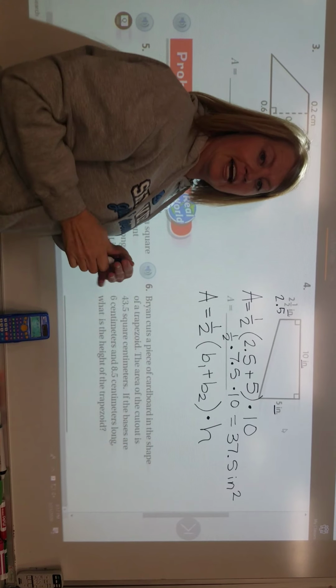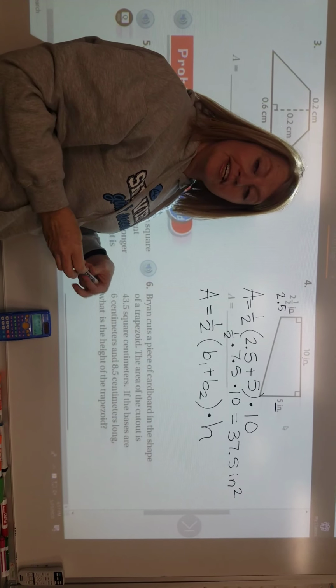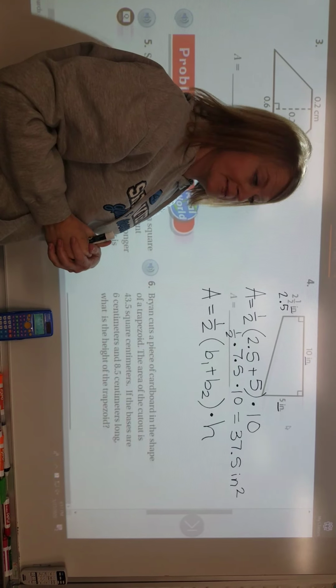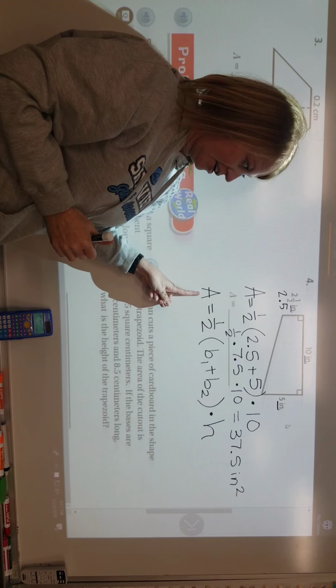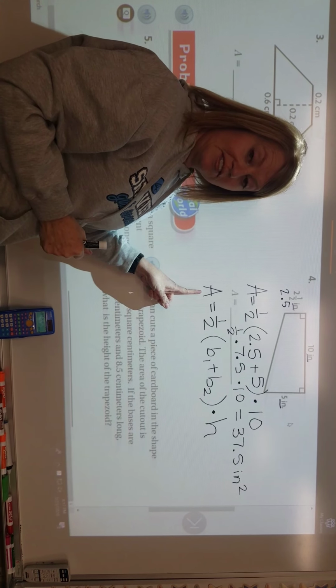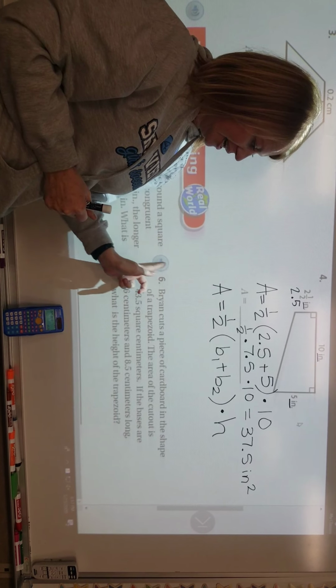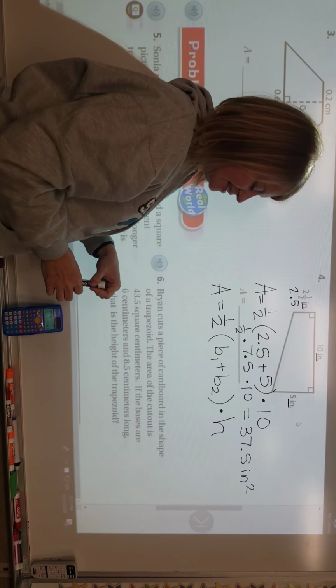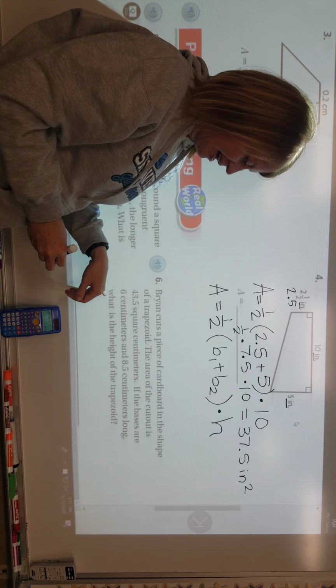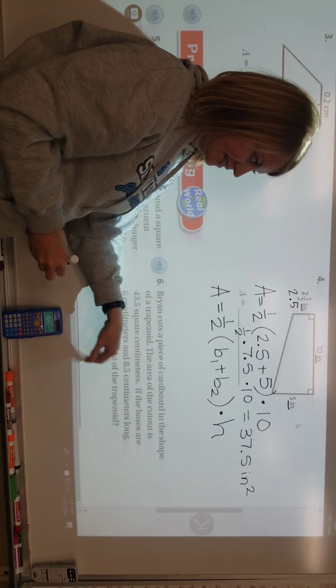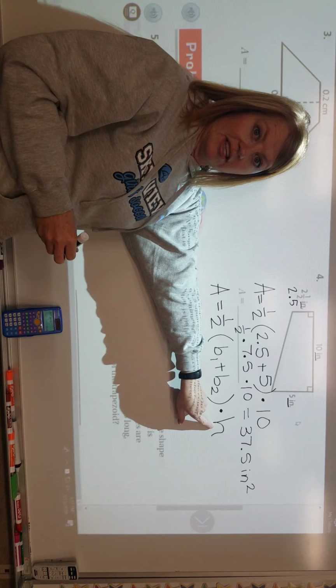Now, one of the things that we're going to do differently today with trapezoids is instead of finding the area, we're going to have to find another missing value. In question number 6, it asks us, instead of the area, what is the height. So I'm going to be solving for this part.